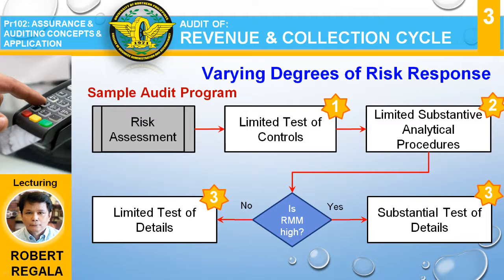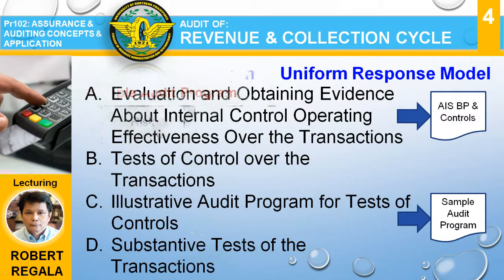On the other hand, if the RMM is low and the auditor believes that the client has implemented effective controls in the revenue cycle, the auditor can likely perform tests of controls, gain a high level of assurance from substantive analytical procedures, such as reasonableness of balance test, and then complete the substantive procedures by performing a limited test of details.